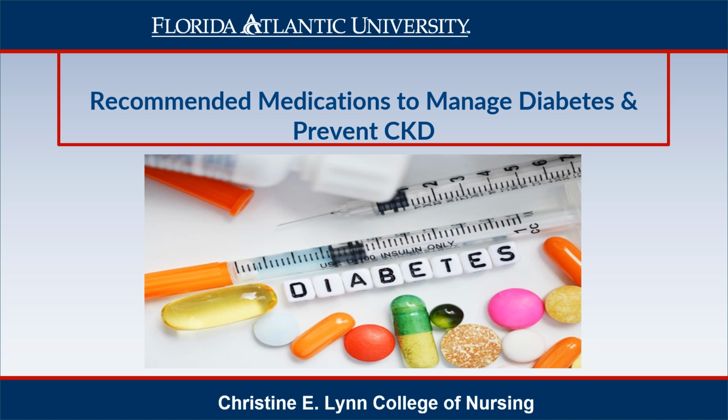Another drug class are GLP-1 receptor agonists, with examples being liraglutide and semaglutide. These drugs improve glycemic control and may have modest blood pressure lowering effects. The benefits of these drugs can reduce albuminuria and slow the progression of kidney damage.